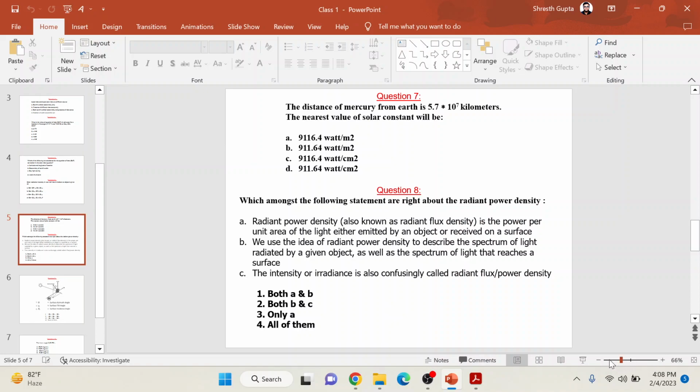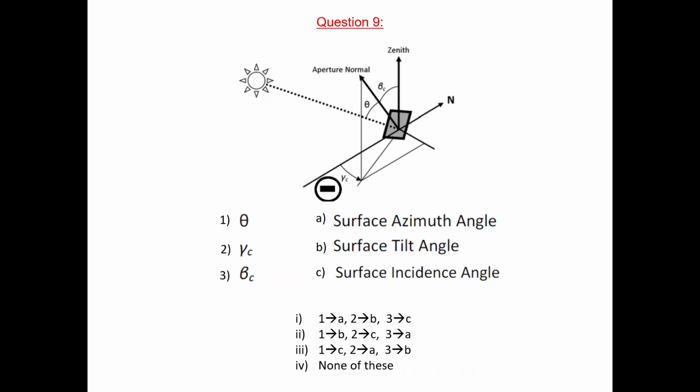So let's go to question number 9. You have 3 minutes to answer this question. It's 4:08. I'm giving you time till 4:12. What is the correct matching of this? We have talked about this many times, but this is just shown in a different layout.